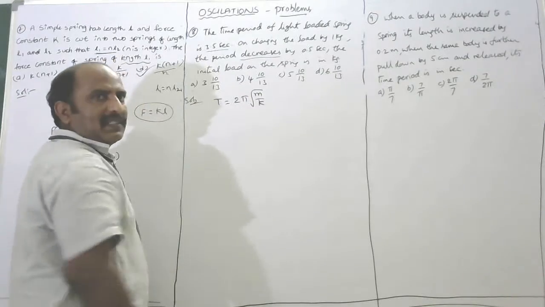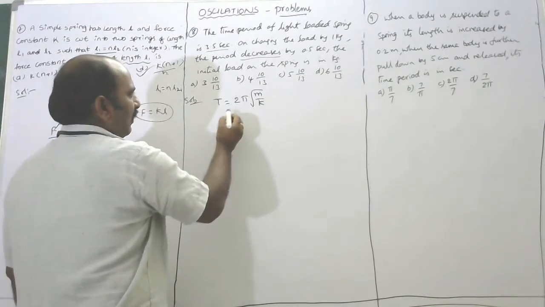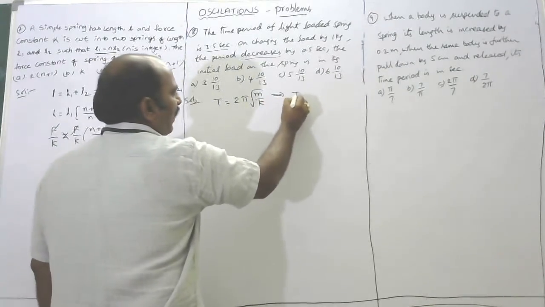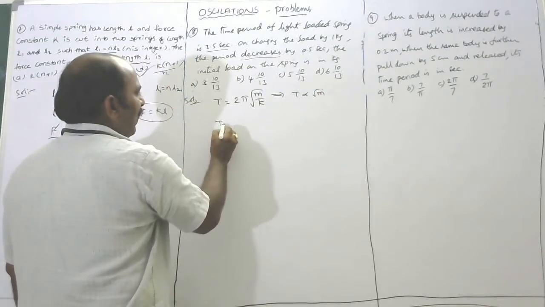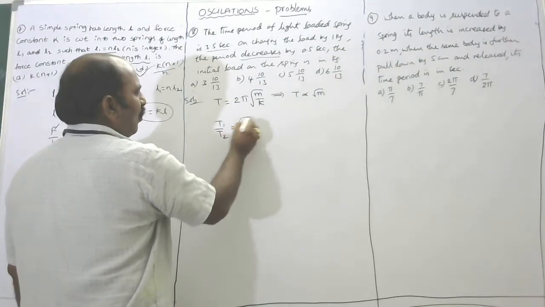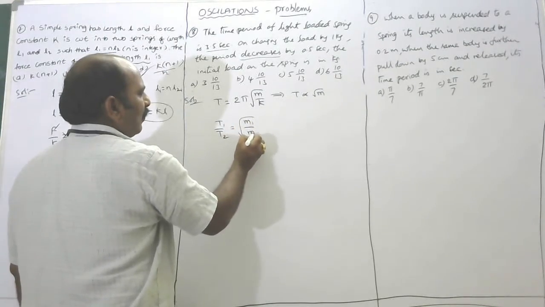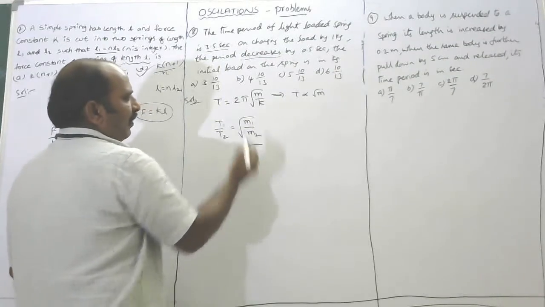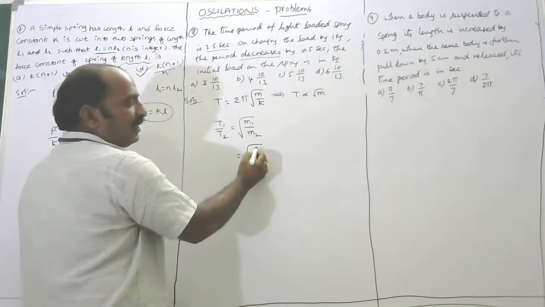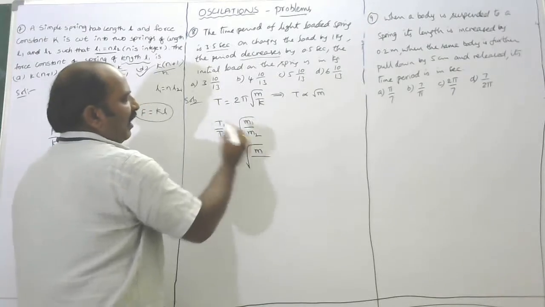Here m is the mass, k is the force constant. Now from this we write T is directly proportional to root m. Now write T1 by T2 is equal to root of m1 by m2. Here the initial mass is considered as m by m2.